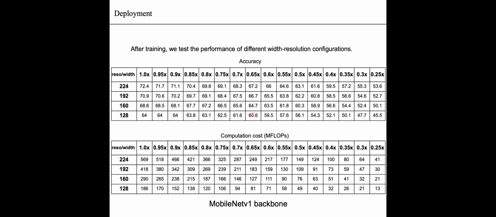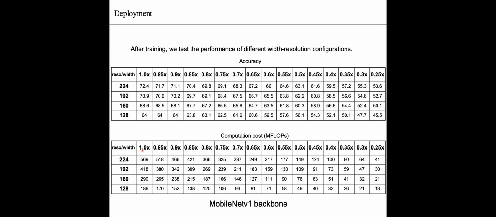Once the network is trained, we are able to test at different configurations. We can define a width interval. For example, with the full width at 100%, maybe the interval is 5%, so we can have a grid of widths. We can also combine it with different resolutions.